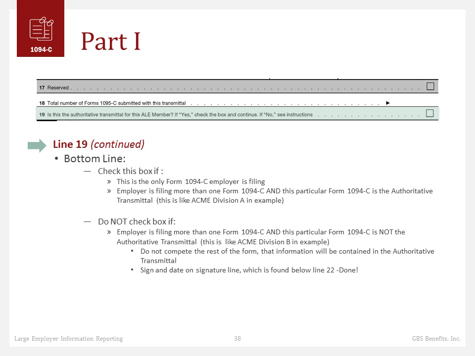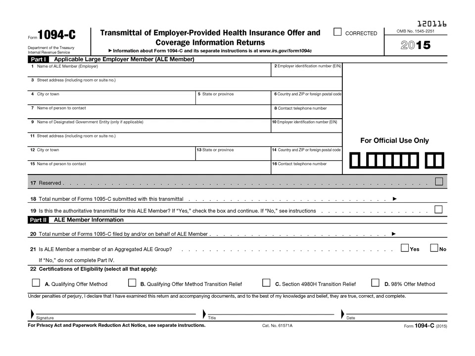You're not going to check this box if you are filing more than one and it's not the authoritative transmittal, like Acme Division B in the example on the prior page. And if you aren't filing the authoritative one, just like I said a minute ago, you're going to complete line 19. You're not going to check the box. You're just going to go to the bottom and sign and date, and you're done with the 1094-C, and you can move on to the 1095-Cs.